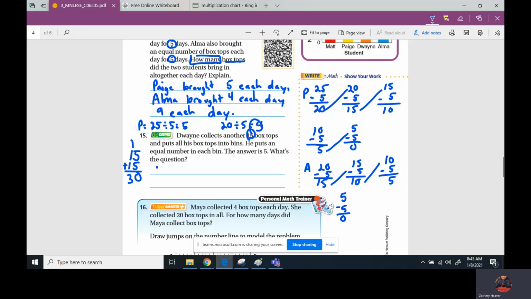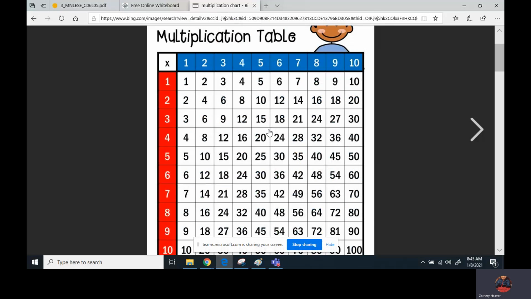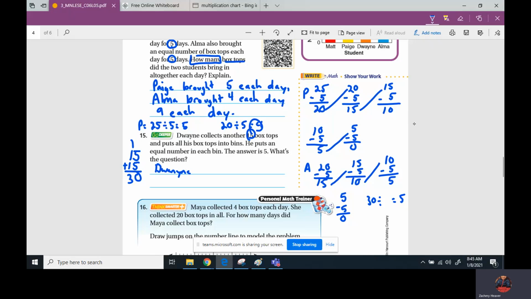So the question is going to be Dwayne has, we got to figure out 30 divided by what equals 5. Well, 5 times what equals 30? Let's go to here real quick. 1, 2, 3, 4, 5, 6. So we got to make this problem 30 divided by 6.